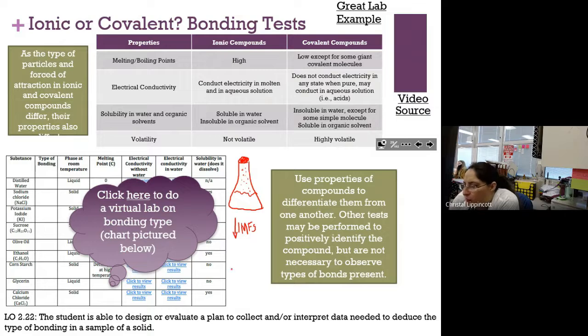That's called vapor pressure. So low IMFs mean high vapor pressure, which is volatility. If something has a high vapor pressure, that means it has a high volatility.